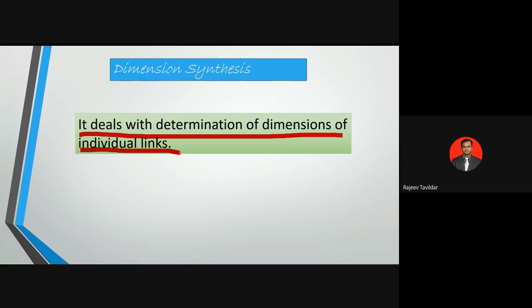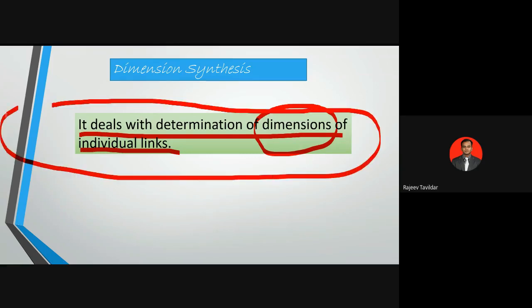That will be mentioned in the performance itself. So given all that, we are only supposed to find out the dimensions of the links over here. So this subject is all about this one sentence: determination of dimensions of individual links.